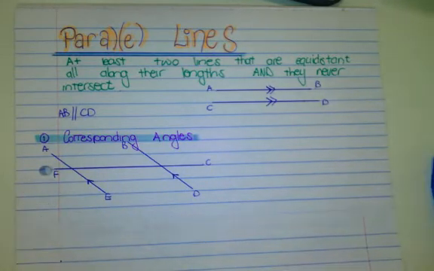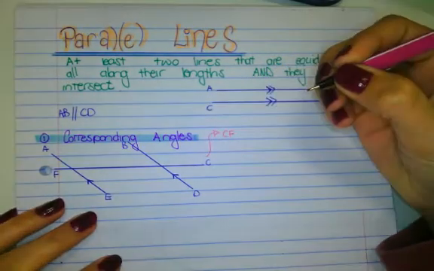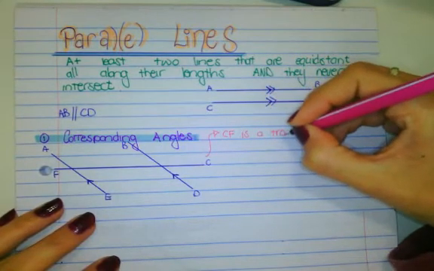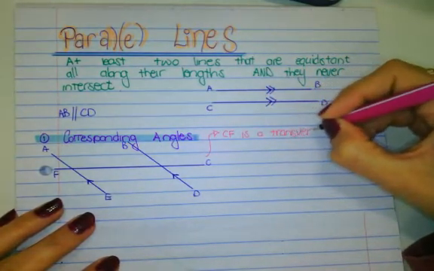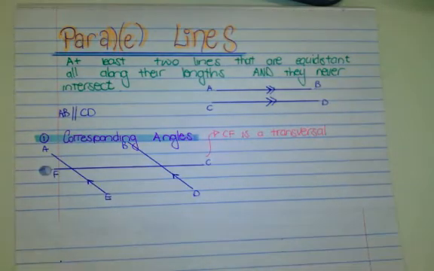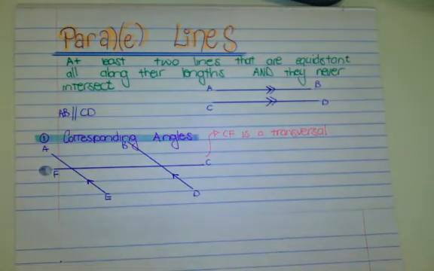The line that cuts through your parallel lines, CF, we call a transversal. So AE and BD are our parallel lines, and FC or CF is our transversal here.